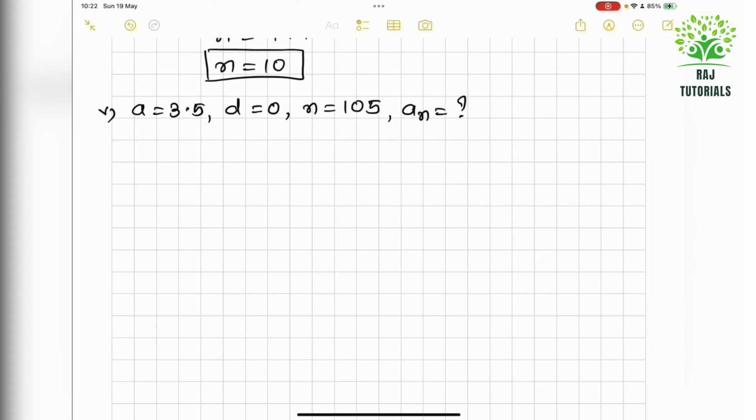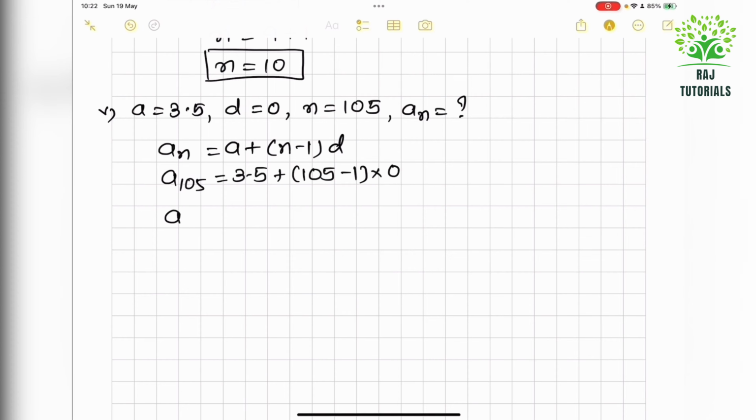So see, AN equal to A plus (N minus 1)D. So A105 will be equal to A, so 3.5, plus (105 minus 1) into 0. Anything into 0 will be 0. So A105 will be directly 3.5.